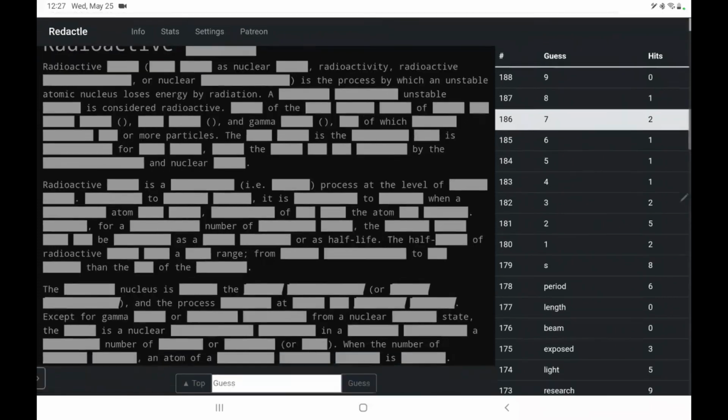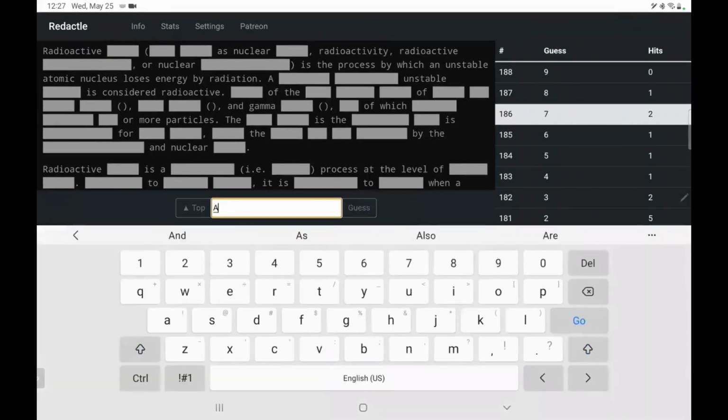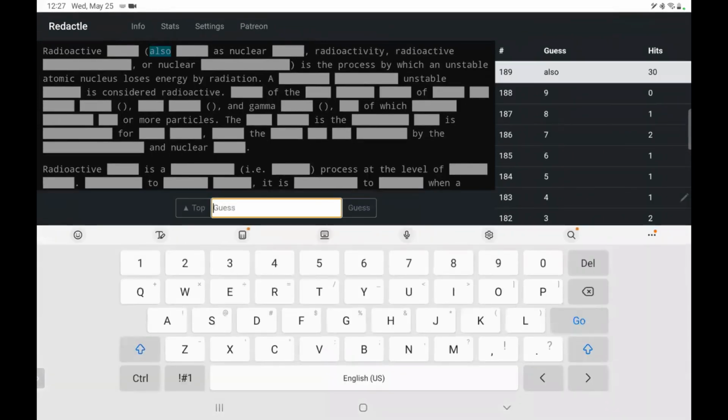Oh, I missed, of course, in the first sentence, it should be also known as. Also known as nuclear something radioactivity, radioactive blank or nuclear blank. Those last two are probably the same word. Radioactive fallout?